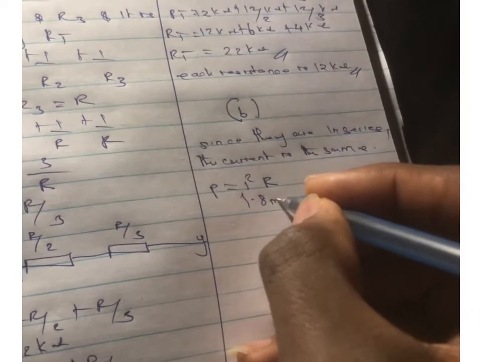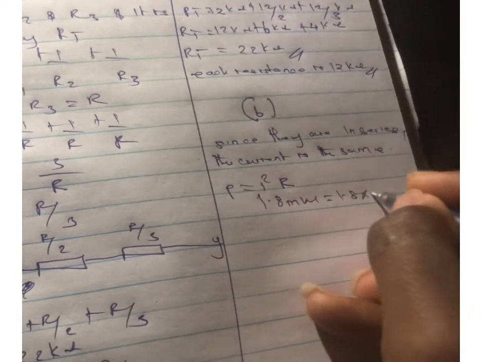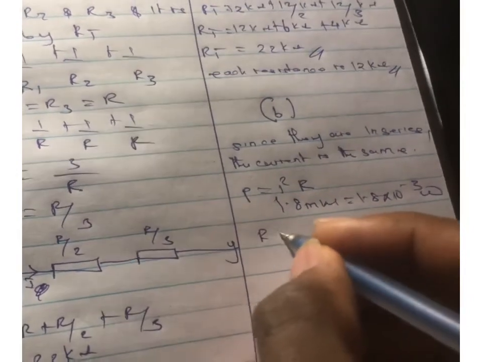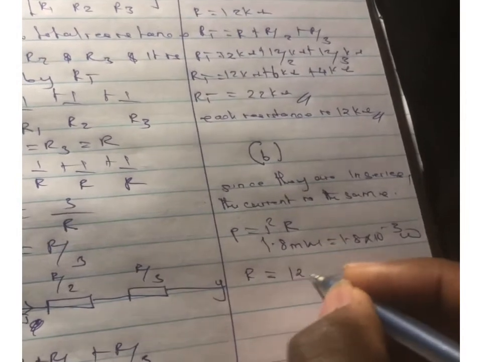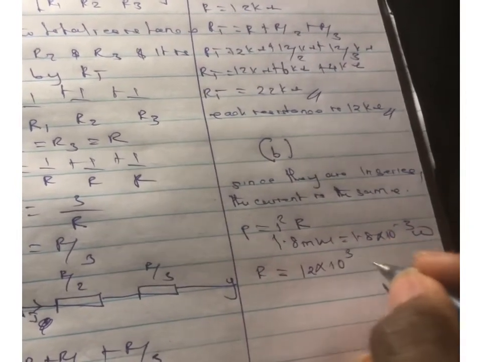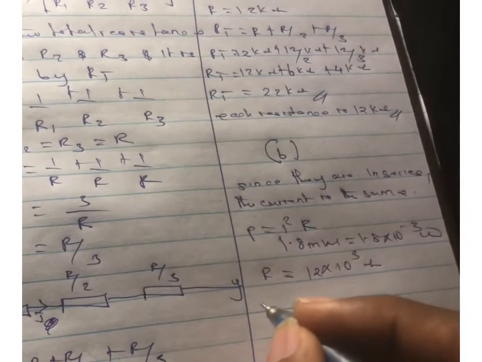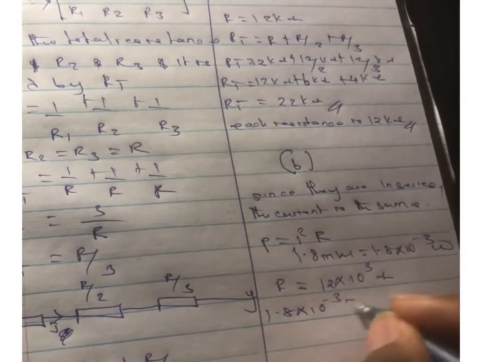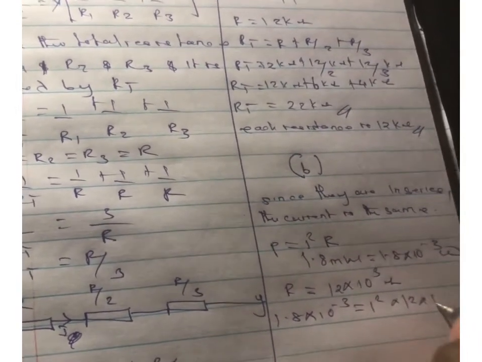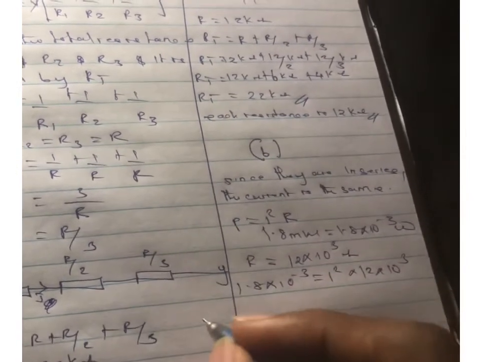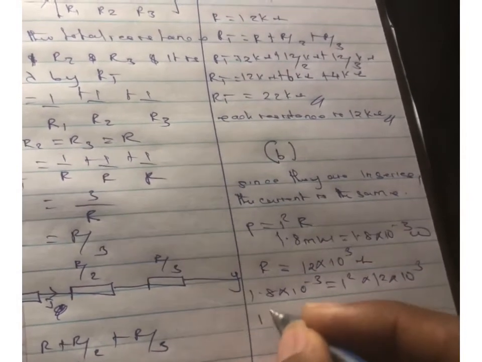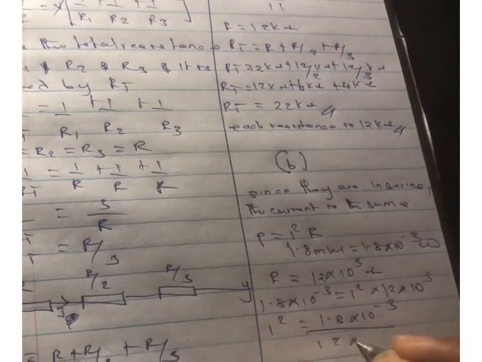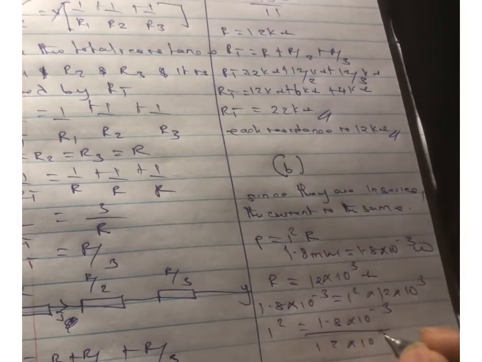Since we know that the power in A is 1.8 microwatts, which is equivalent to 1.8 times 10 to the power of minus 3 watts, and the resistance is 12 times 10 to the power of 3 ohms, we can say 1.8 times 10 to the power of minus 3 is equal to I squared times 12 times 10 to the power of 3. Such that we can divide both sides by 12 times 10 to the power of 3. We have I squared is equal to 1.8 times 10 to the power of minus 3 over 12 times 10 to the power of 3.